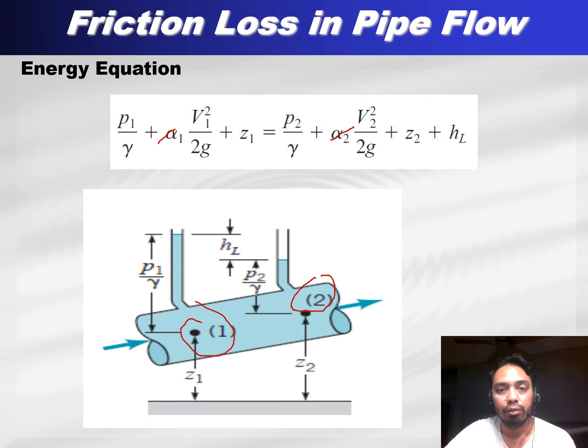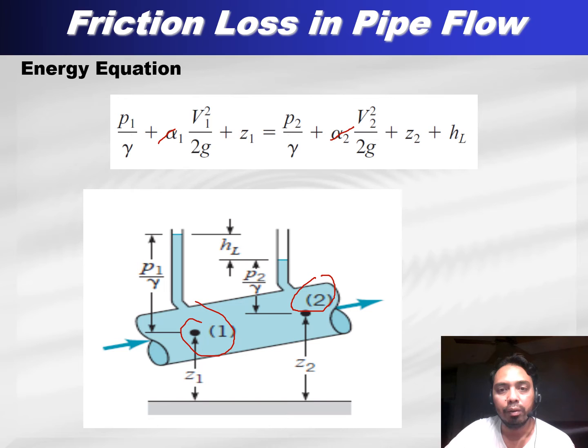And also I need to note that it's only applied for the viscous and incompressible steady flow fluid in a pipe. So you may see that this is a familiar equation you may have encountered previously, the Bernoulli equation.